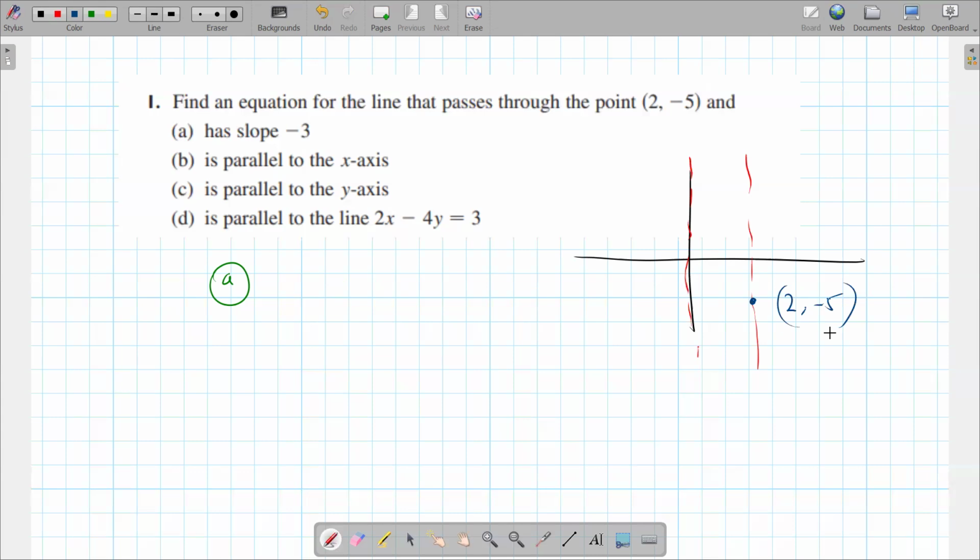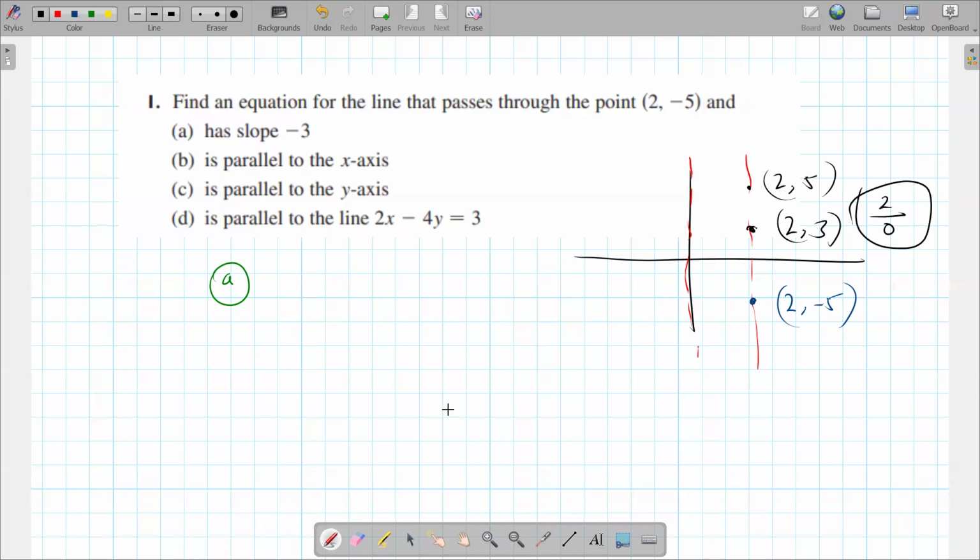Why? Because the slope of a vertical line, if you plug in numbers here, you'll see that the slope is going to be rise over run. So the rise here is 2 units, but the run here is 0 units, if you just take any 2 points. So a vertical line has a slope of infinity or an undefined slope.